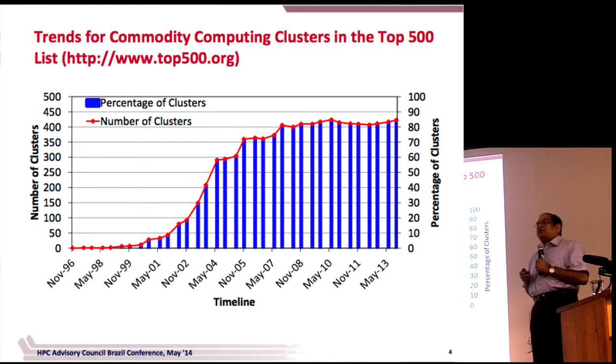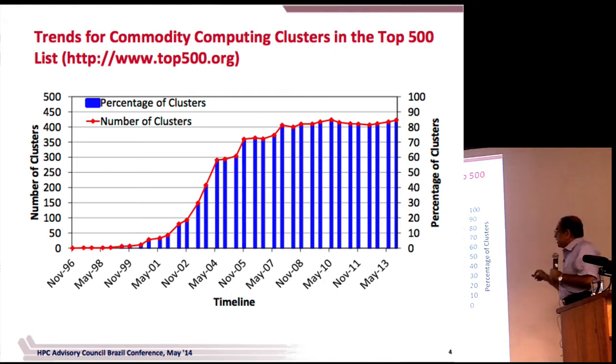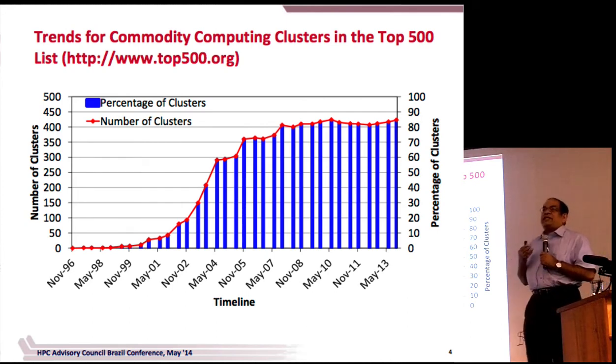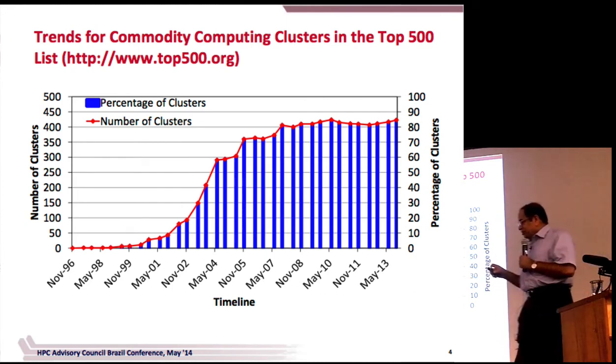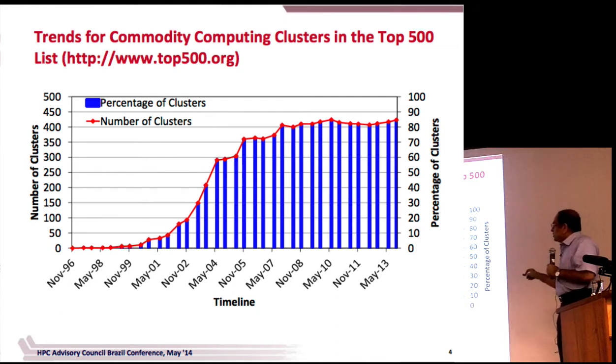Now let us take a look at the Top 500 systems, how they are emerging over the years. This shows a very nice trend. In the very old days, let us say 1996, 98, all the Top 500 machines were very large scale proprietary systems from IBM, Cray, SGI. But over the years commodity clusters entered the market.